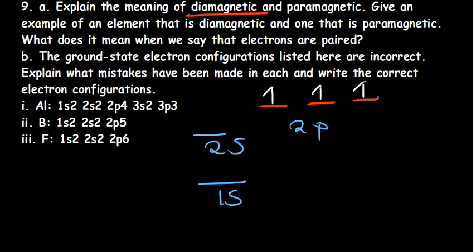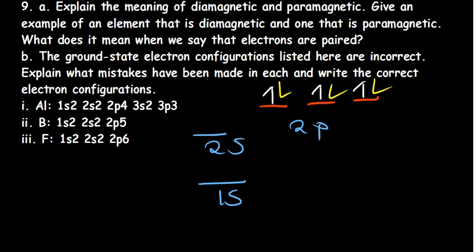And then diamagnetic focuses on a case where they are paired. When electrons are fully paired, that is said to be diamagnetic. There's a weak attraction to paramagnetic, and for diamagnetic, there's no attraction that can actually be observed.